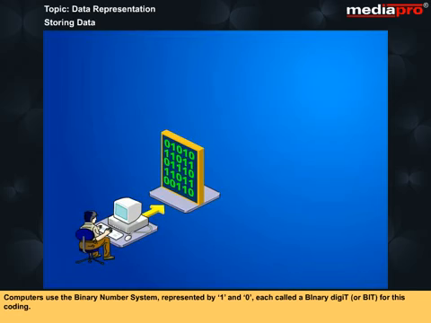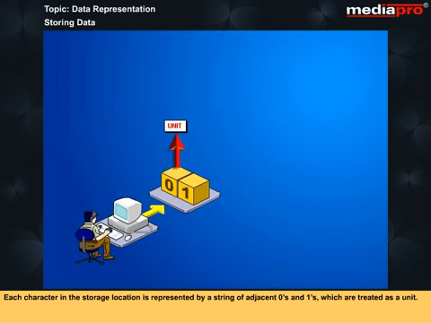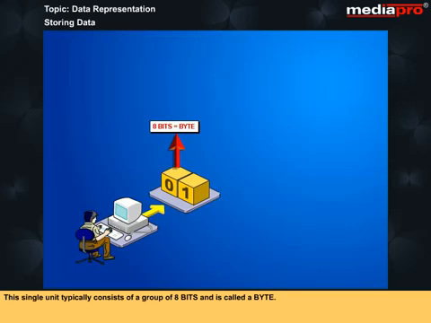Computers use the binary number system, represented by 1 and 0, each called a binary digit or a bit for this coding. Each character in the storage location is represented by a string of adjacent zeros and ones which are treated as a unit. This single unit typically consists of a group of 8 bits and is called a byte.